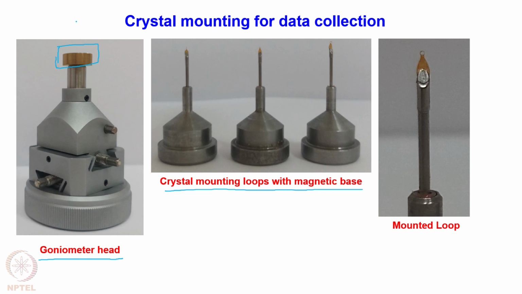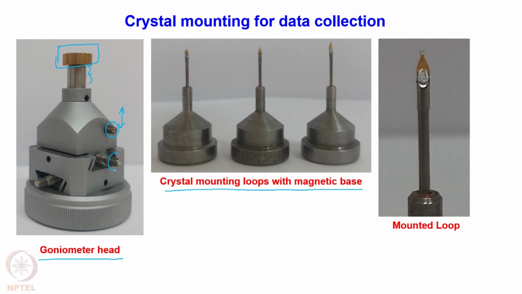Once we mount the crystal directly on the diffractometer with this goniometer head, the crystal has to be aligned in the X-ray beam. To do that, this goniometer head has 3 screws. One is here, which allows you to increase or decrease the height of this goniometer head. So that controls this height.